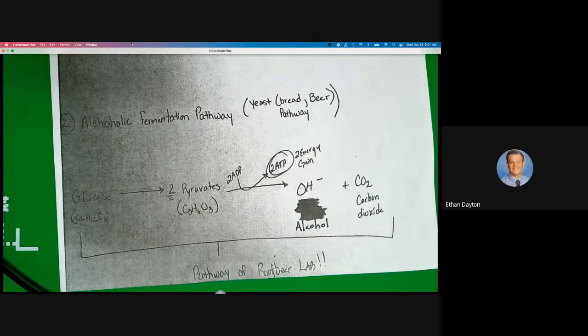So the byproducts of yeast performing fermentation are alcohol and carbon dioxide. And that's how alcoholic beverages are made. Now wine is one where grapes are fermented. There's typically not any fizz in wine, so that's where they expel or get rid of the carbon dioxide.